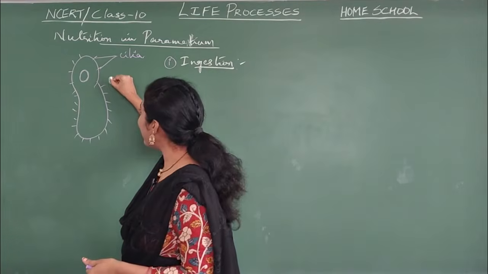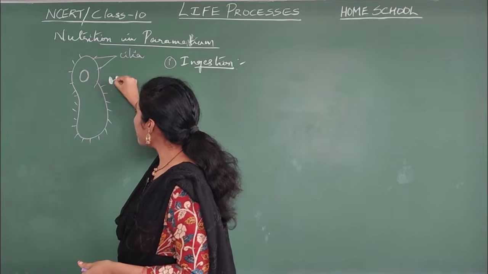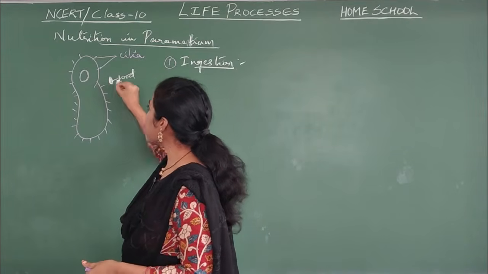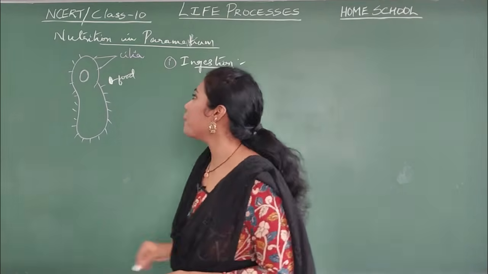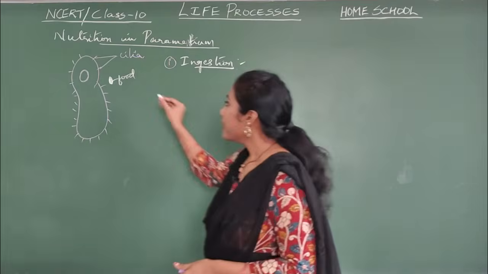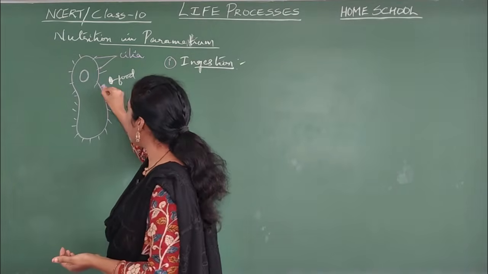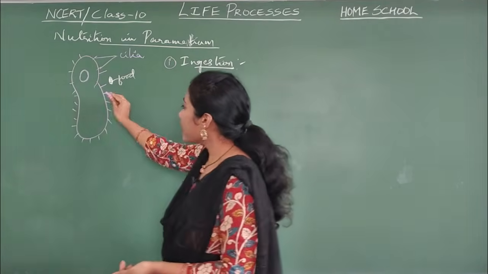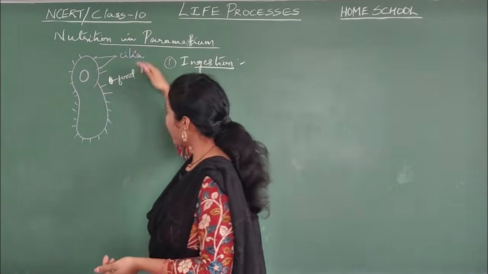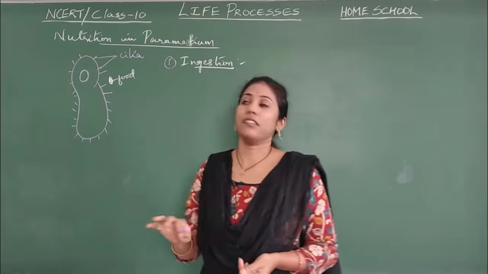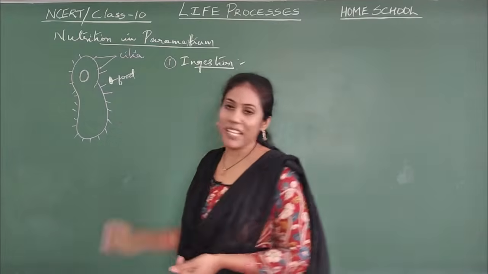Imagine you have a food particle here. Say this is your food particle, and how does this paramecium take this food particle? You have these hair-like structures called cilia, isn't it? So this cilia will sweep the food towards the membrane of paramecium.